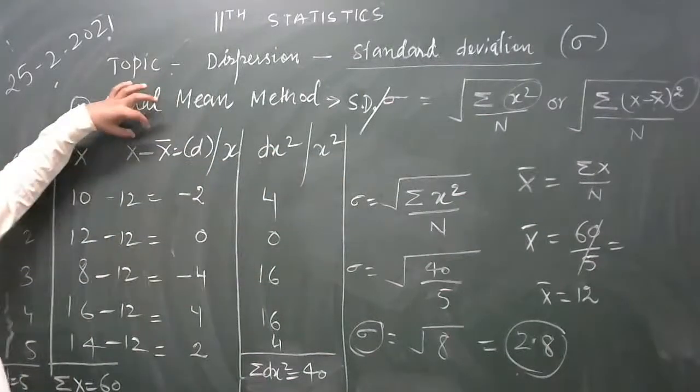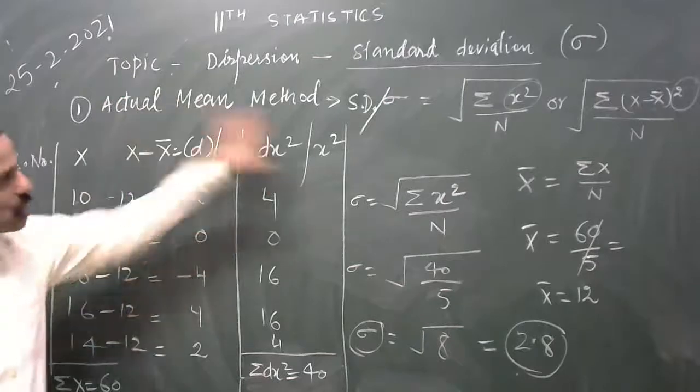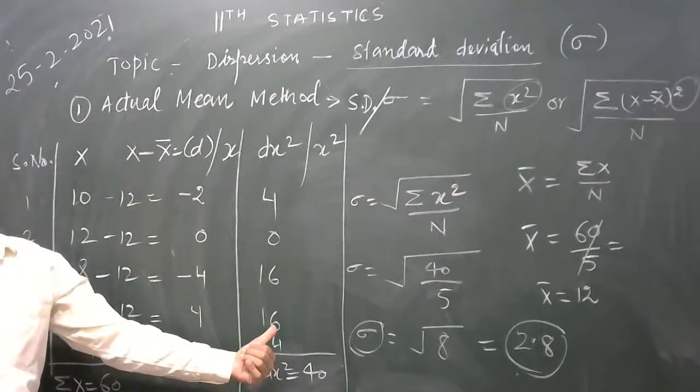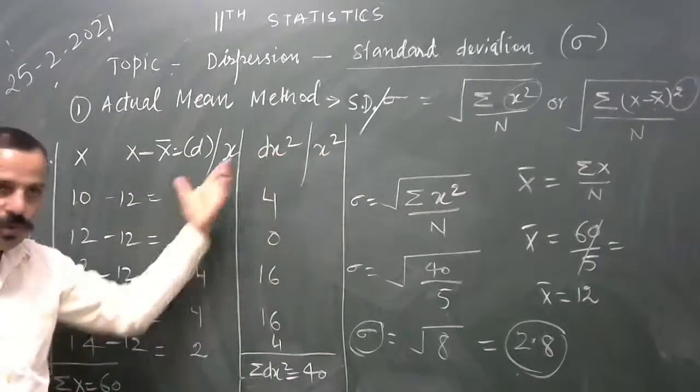First of all, we calculate the deviation. Afterwards, the square of the deviation. This is nothing but the square of deviation.